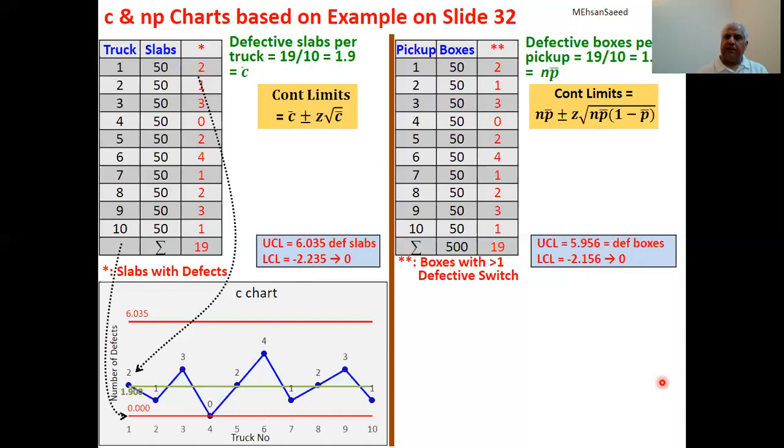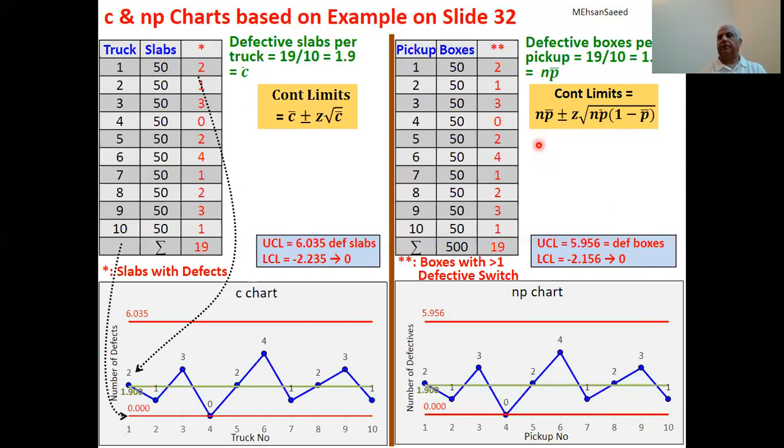Because the data is now the same, the control limits are virtually the same, the center line is the same, therefore the control chart has to look the same. Both of these charts are drawn on the same vertical scale, and as you can see, the upper limit of both is exactly opposite each other, meaning thereby that these 2 charts are exactly the same, although this is for defectives using a very different formula.